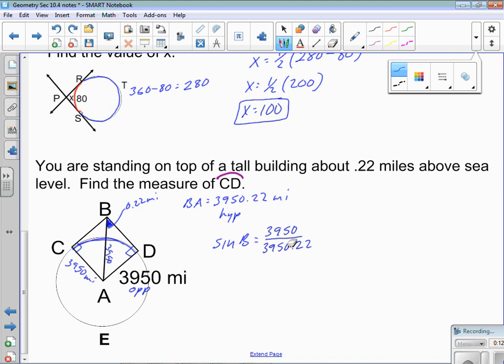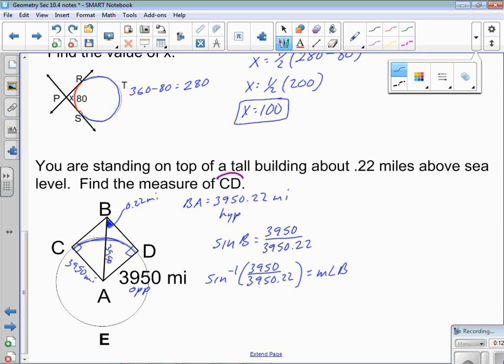And since we know what the sine of the angle is, we can solve for the angle by using the inverse sine of 3,950 over 3,950.22. And when we do that, that'll give us the measure of angle B, right?